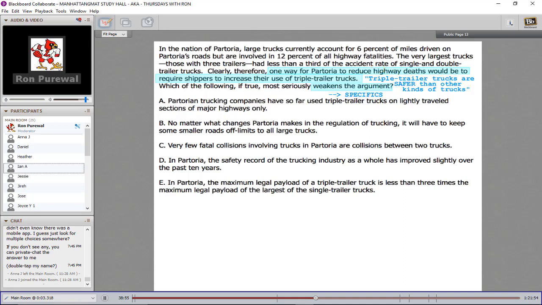So they're saying trucks with 3 trailers had a lower accident rate. Therefore, these trucks must be safer than other trucks.